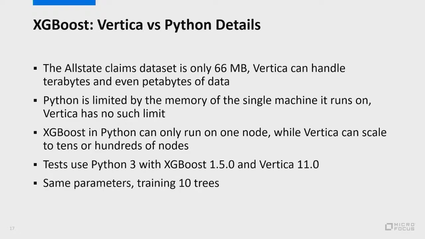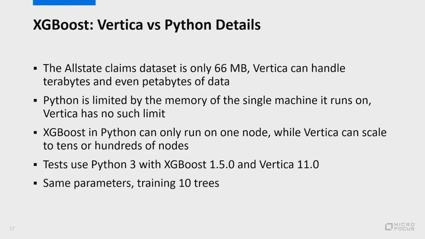But Vertica doesn't have this limitation. Vertica can handle terabytes and even petabytes of data without missing a beat on commodity hardware, as you all probably already know. Python is limited to the single machine it runs on. And even more so than just the memory, Vertica can also scale to tens or even hundreds of nodes.